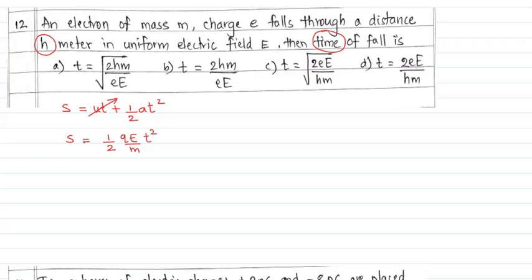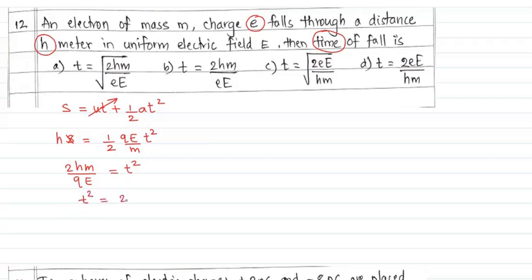Now substitute. In place of S, you substitute it as h. So here only I will write h. So t square, if I cross multiply, is 2h into m divided by q into E. Now here charge is electron e. So in place of q I will substitute it as e and I will take root.